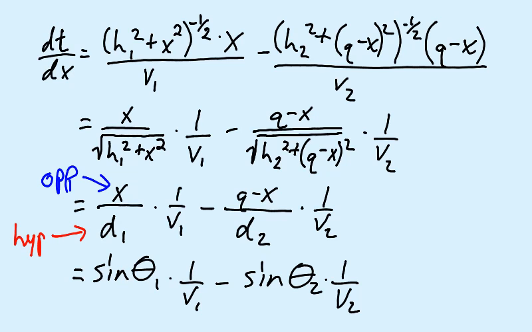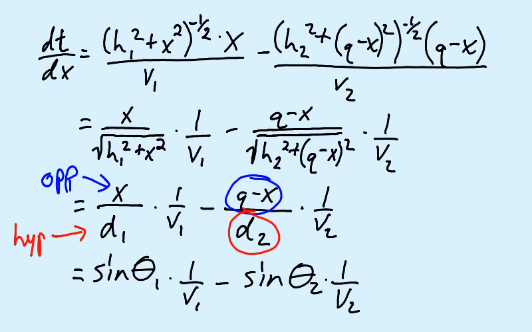So this is opposite over hypotenuse, which is sine. Likewise, you can see that q minus x is the opposite on the right-hand side, and d2 is the hypotenuse on the right-hand side. Therefore, this is opposite over hypotenuse, which makes sine of theta 2.